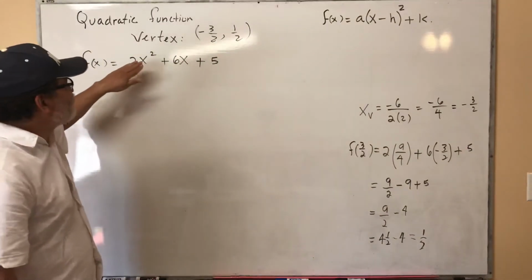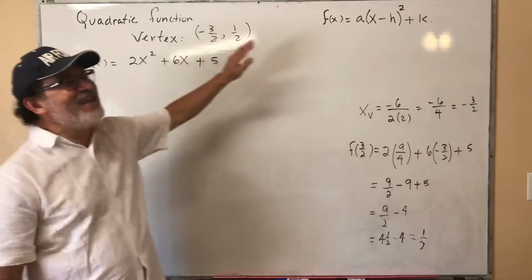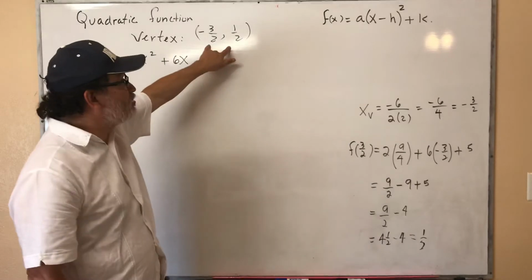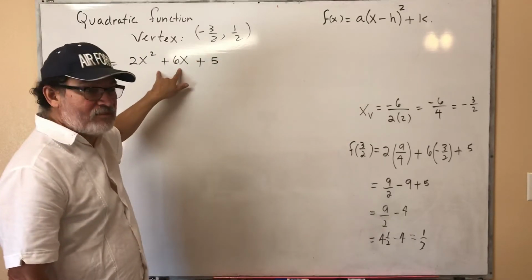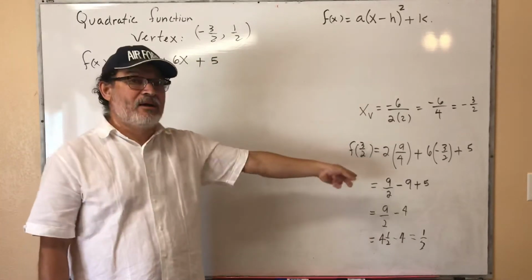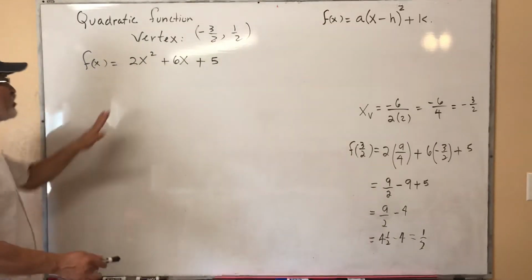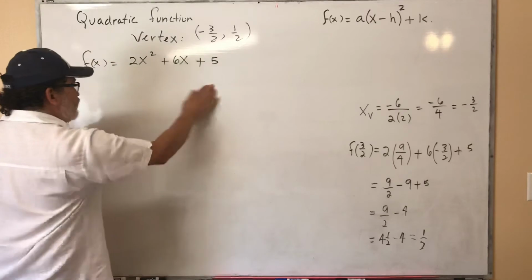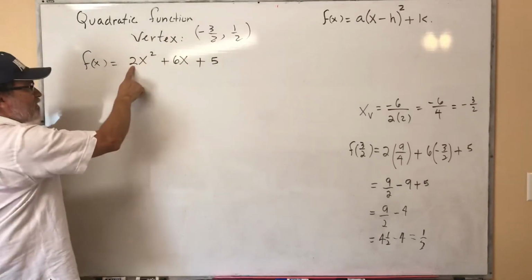Now, let's write this one in vertex form. We better get this vertex when we write it in vertex form, else I made a mistake there. Okay. What's the first step? The first step is divide everything by 2 because we need to complete the square and this must be 1.